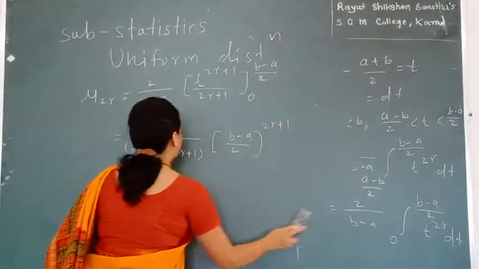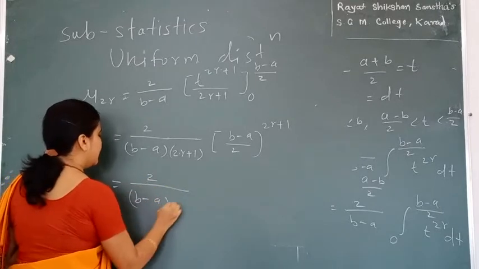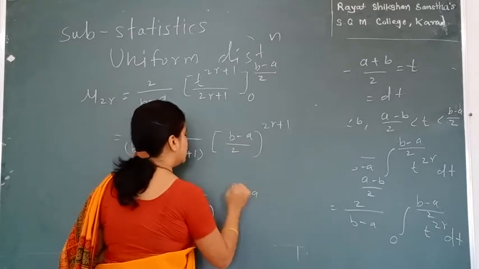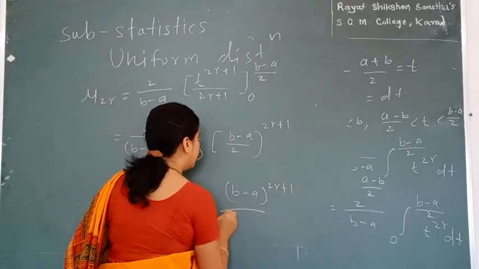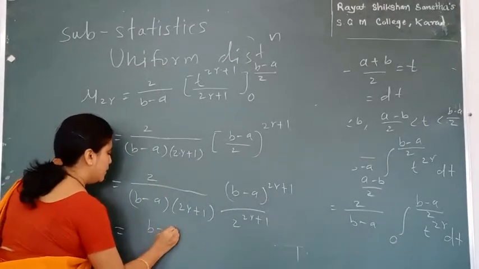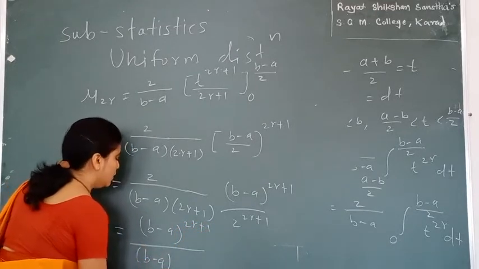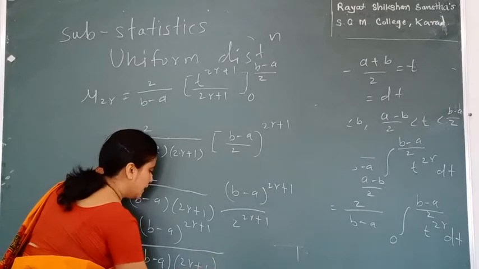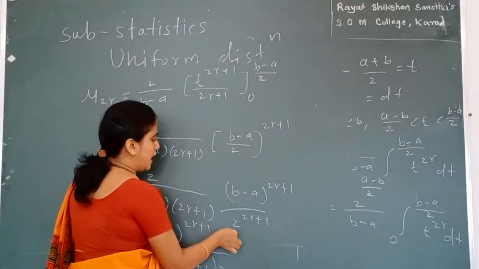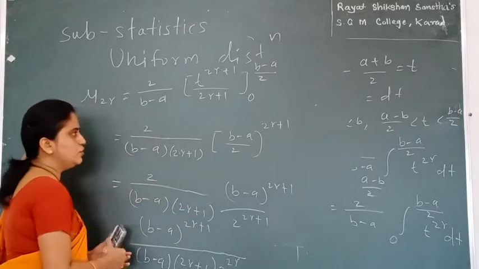Now mu 2r becomes 2 divided by b minus a times 2r plus 1, and I can put b minus a raised to power 2r plus 1 and 2 raised to 2r plus 1. Over here the power of 2 becomes, since the numerator has 2 raised to 1 and in the denominator I have 2 raised to 2r plus 1, in the denominator only 2 raised to 2r remains.